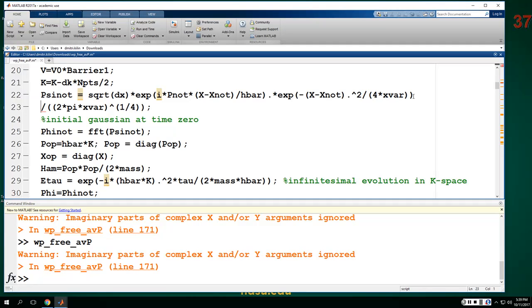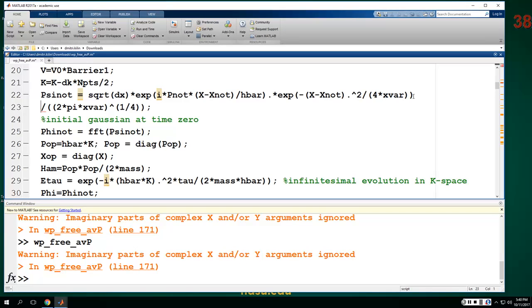But if you look here, we may see some surprises. Let's compare our expectation for this equation and what is written here. Well, exponential, open bracket, close the bracket. That's fine. x minus x naught squared divided by this 4 x var.